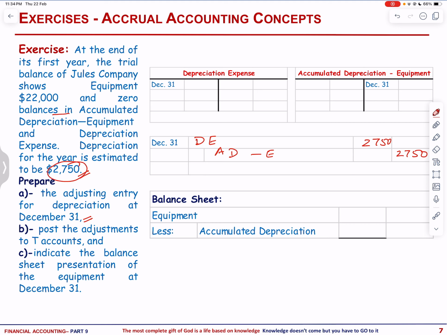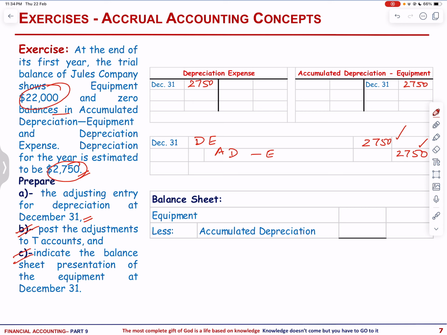Now we are going to record this in the T account. So depreciation expense is debited by 2,750 and accumulated depreciation is credited by 2,750. So we have posted them in the T account and we have to show in the balance sheet the presentation of equipment.